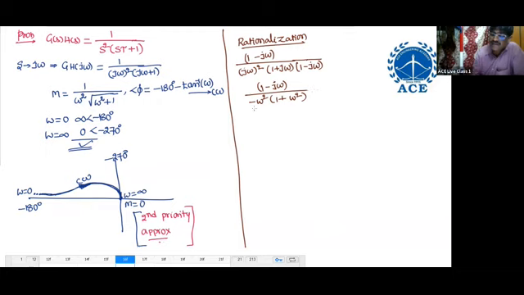Then this equals minus 1 by omega square into 1 plus omega square. Minus minus becomes plus, so plus j omega by omega square into 1 plus omega square. Omega, omega cancel. That means minus 1 by omega square into 1 plus omega square plus j by omega into 1 plus omega square.